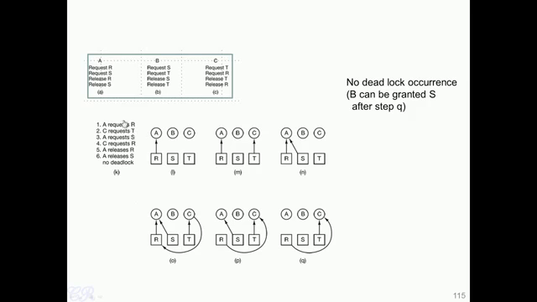Now, we will see that if the same requests and allocations are done in a slightly different manner, then the deadlock will not occur. For example, R is allocated to A and then T gets allocated to C, then A requests S and gets allocated S, then C requests R. So, we have this over here.